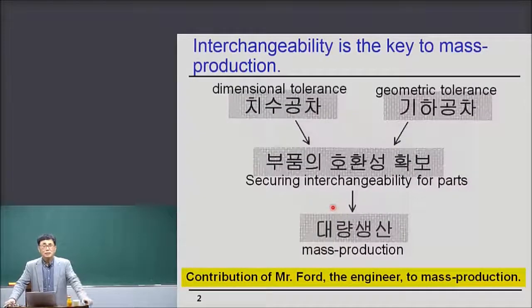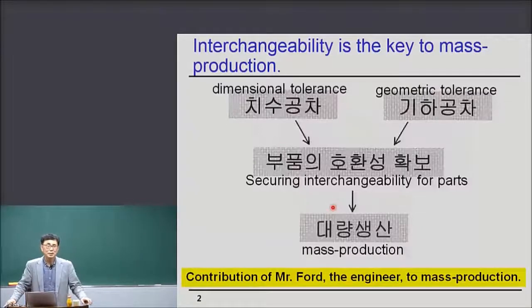At the last lecture, I discussed the dimensional tolerance. At the time, do you remember the procedure of selecting proper dimensional tolerance? What was the first step? The first step is to select the level of accuracy, the class of accuracy, right?